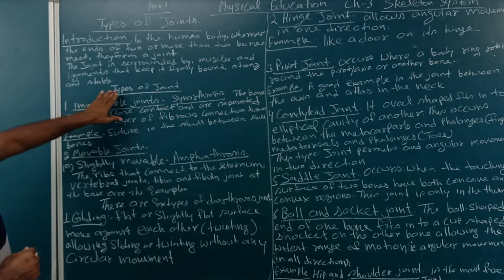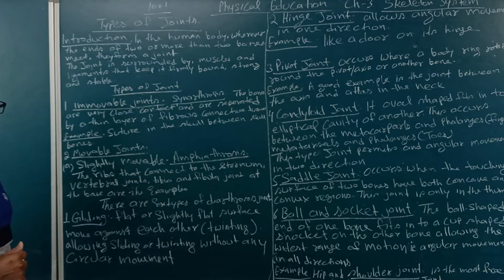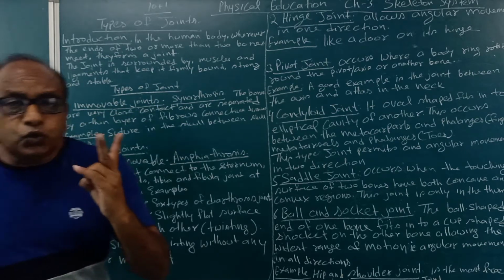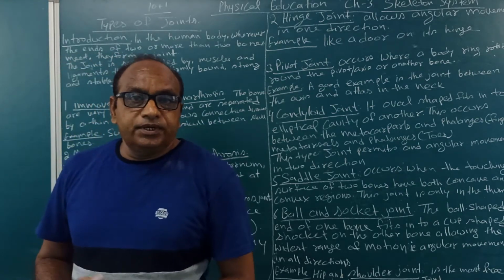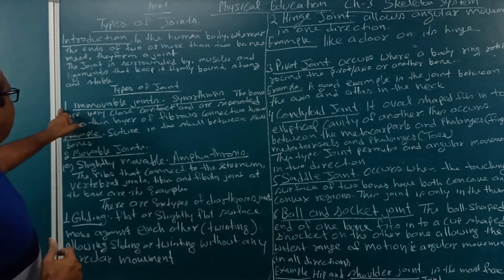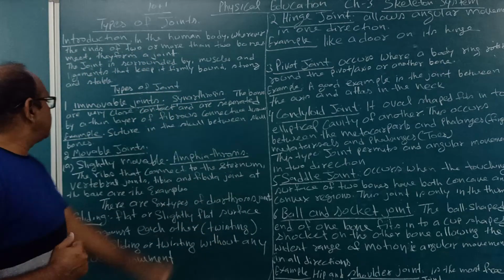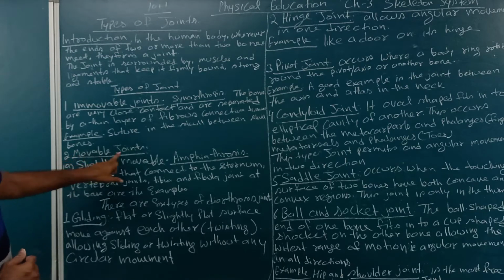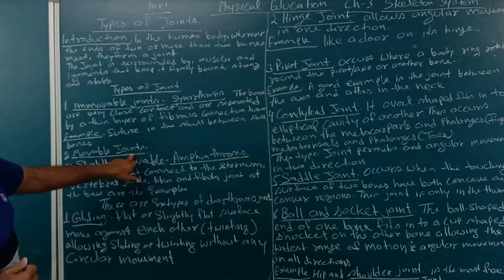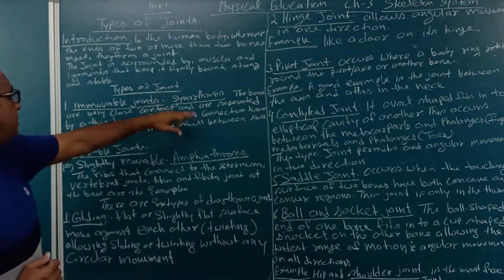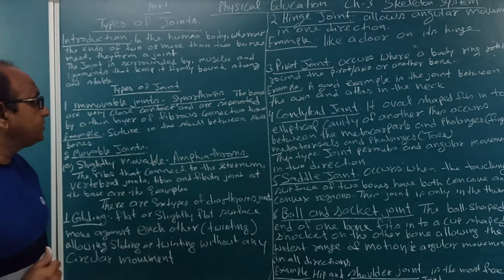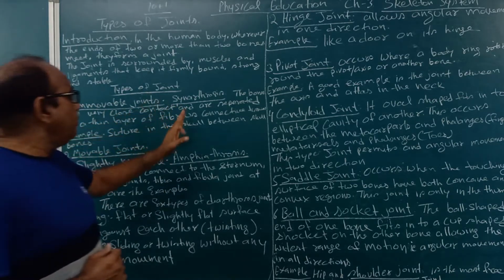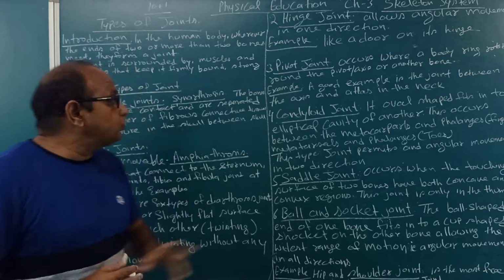Now we have to talk about types of joints. Actually, there are two types of joints in our body. Number one is immovable joints and second is movable joints. So first of all, we will discuss immovable joints. These joints are also called synarthrosis.